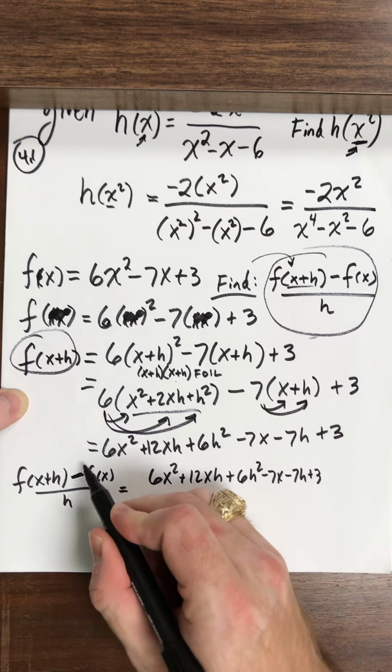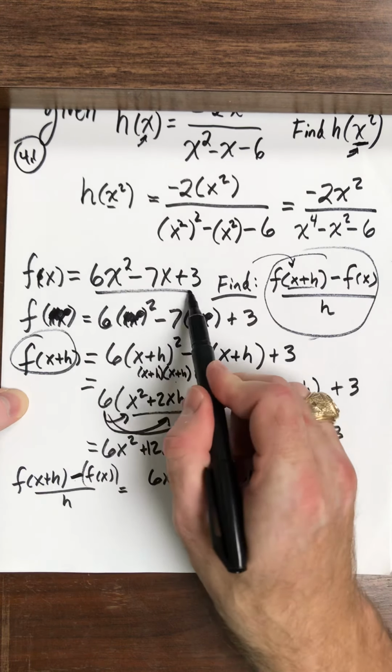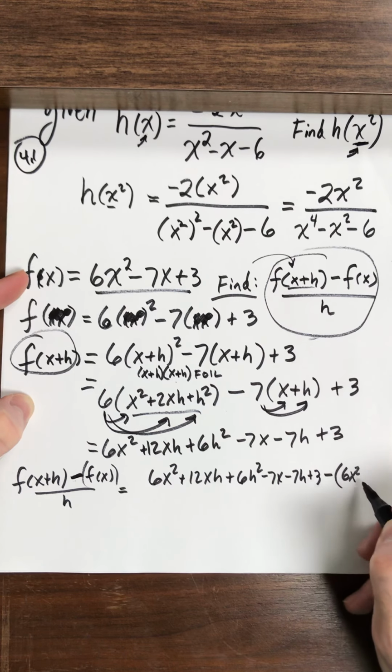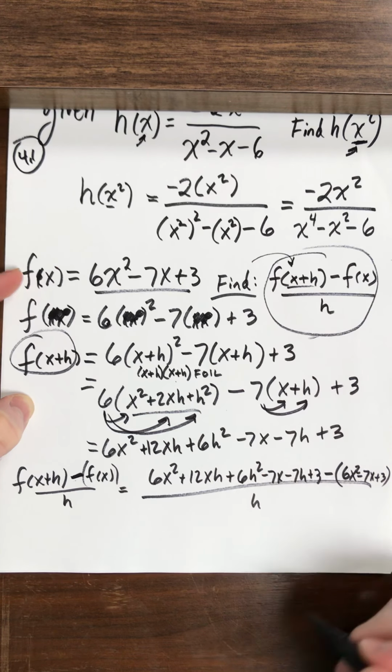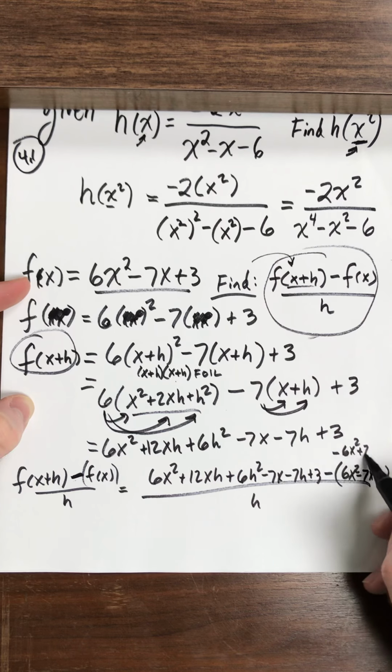And then I put minus f of x. What does f of x equal? F of x is this right here. So minus 6x squared minus 7x plus 3, all divided by h. So this becomes minus 6x squared, this becomes plus 7x, this becomes negative 3.